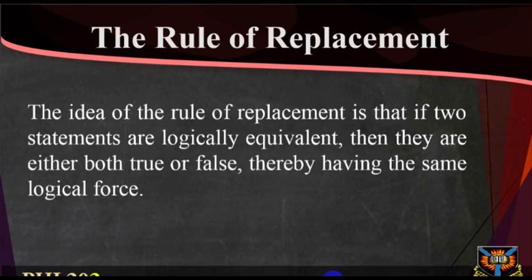Question: what are the rules of replacement you know? Feedback: they are De Morgan's theorems, commutation, association, distribution, double negation, transposition, material implication, tautology, material equivalence, and transposition.